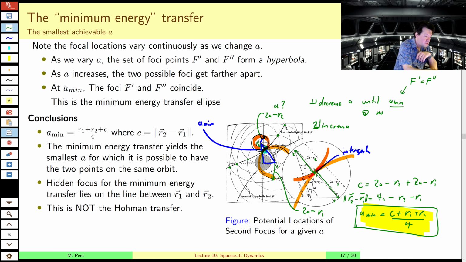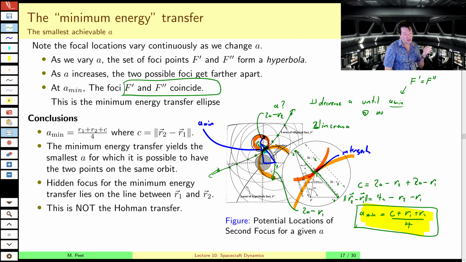F prime and F double prime coincide, so the long way and the short way are the same way. But for any a above that, the two solutions for the focal point bifurcate. They split off, and as you increase a, it starts sweeping out a hyperbola. I don't have a proof that it's a hyperbola, but apparently it is. And furthermore, they get farther and farther away from each other, so they tend to diverge in opposite directions.